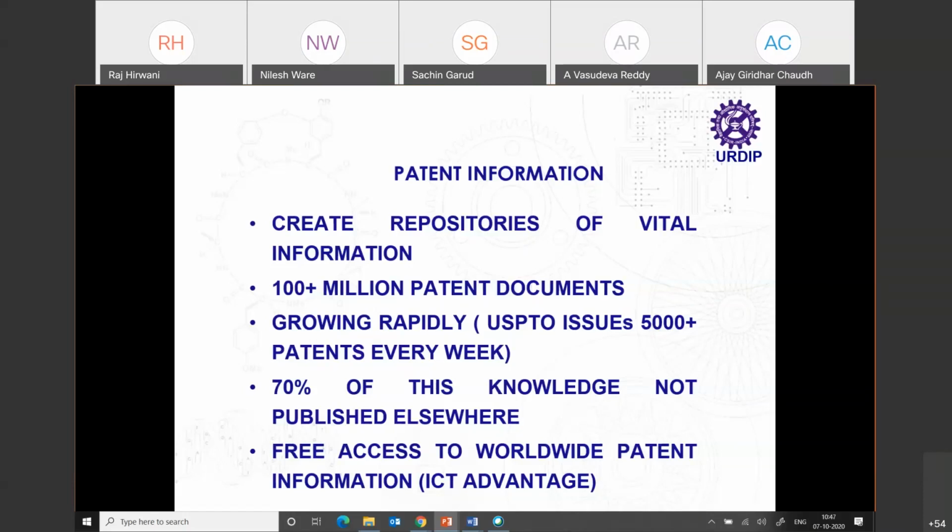I know as an academic, we want to do basic research. In the 70% of knowledge, you get wonderful ideas to do your basic research, because those who write patents are trying to find solutions to the problem.